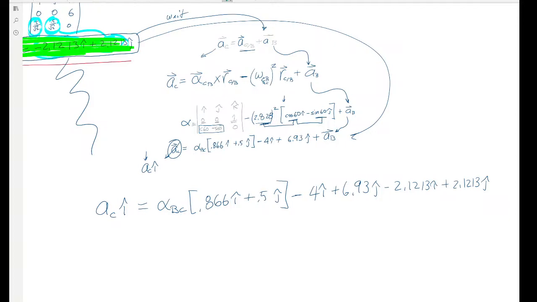So first thing I'm going to do, I am going to go in there and look for my i components. Those are in blue.